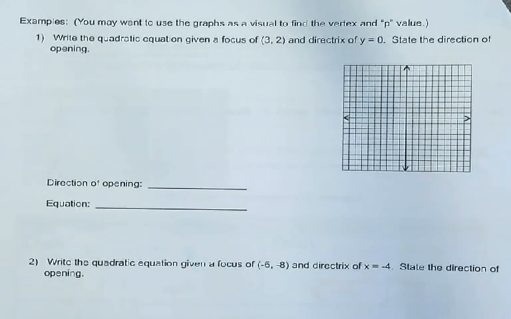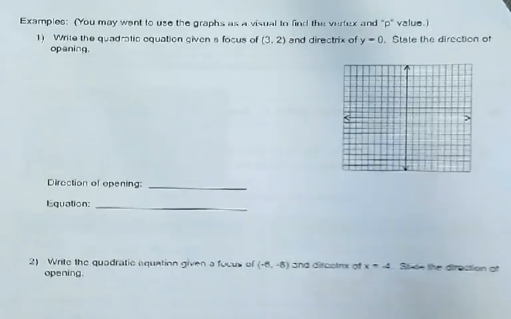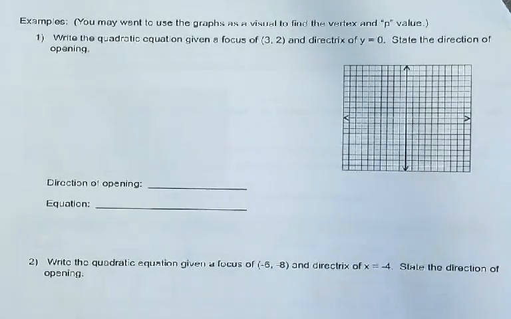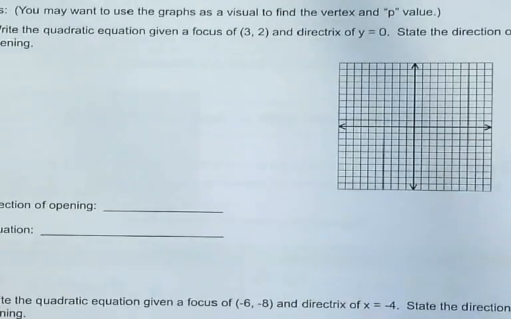It says you may want to use the graphs as a visual to find the vertex and the p-value. Write the quadratic equation given a focus of 3, 2, and directrix of y is equal to 0, and we're going to state the direction of opening.